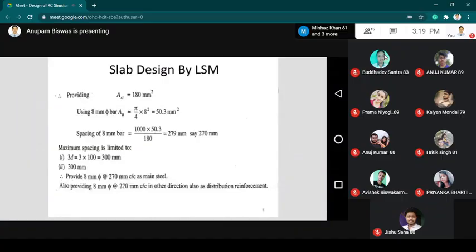Since the value obtained from the equation is lesser than the minimum required value of 0.12%, we will consider the maximum area, that is 180 mm square.